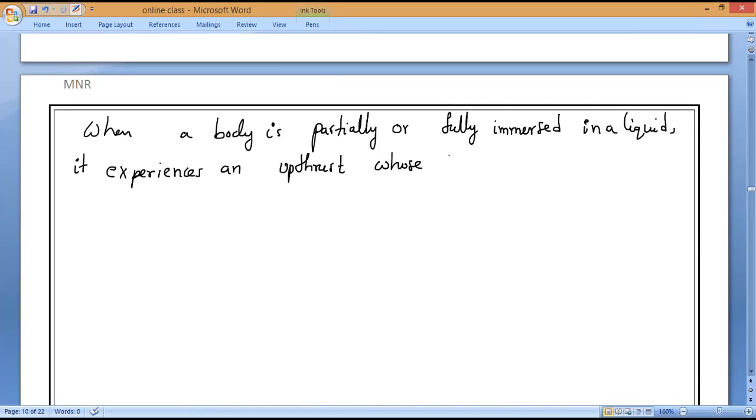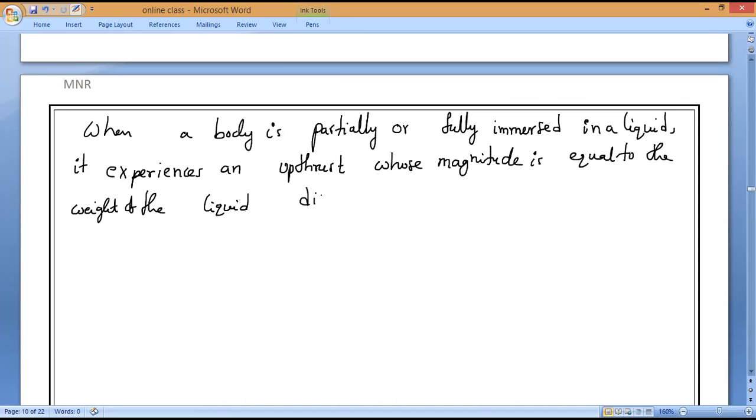Anybody can tell me? It depends on the liquid displaced by the body. Upthrust, whose magnitude is equal to the weight of the liquid displaced by the body.